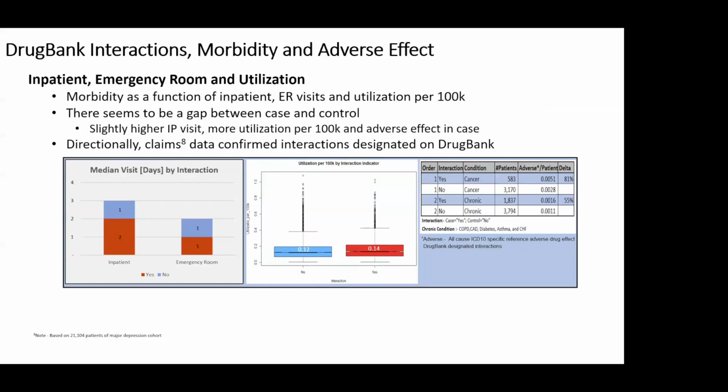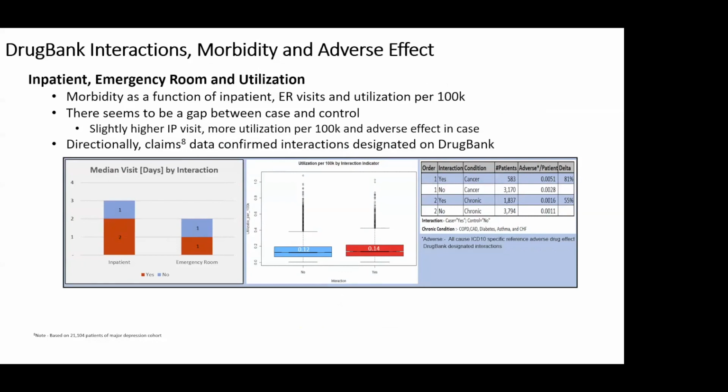For those that had cancer within that period and filled or consumed any pair of those drugs we extracted from DrugBank, those people reported more adverse events within the period than those that had cancer but did not fill or consume any pair of those drugs.